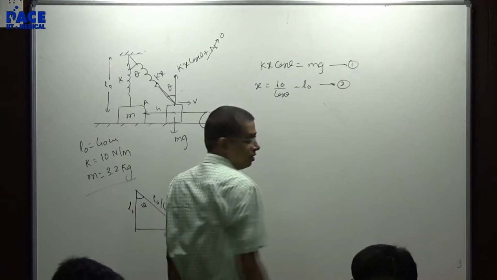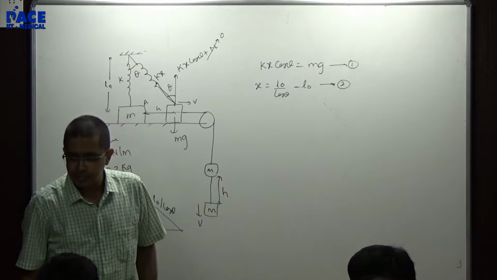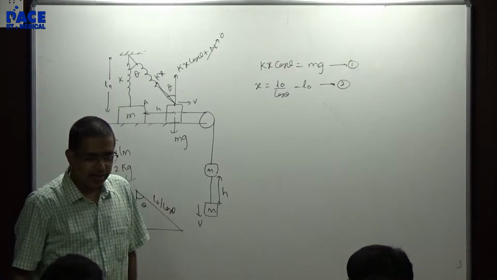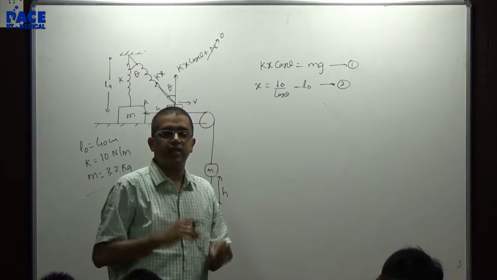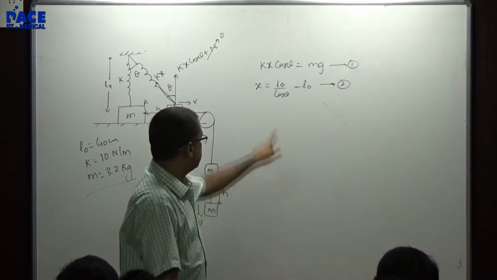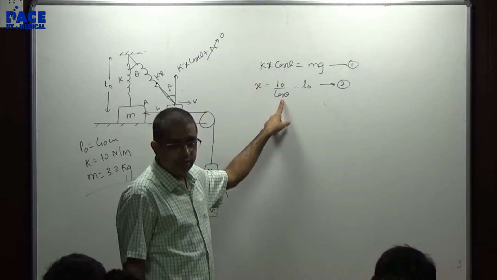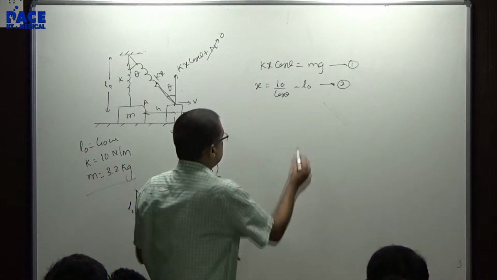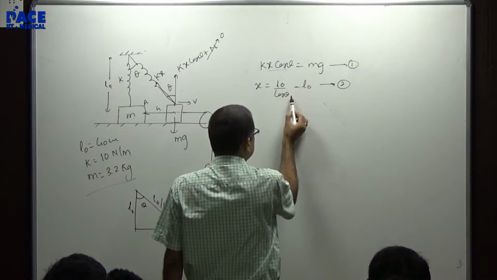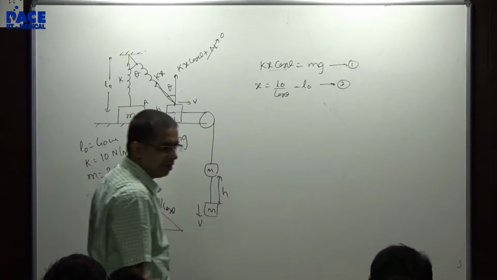This is my second equation. Right? X is the elongation in the spring: present length minus the natural length. Will I get the elongation? So out of the two variables that you introduced, you have a relation between them.